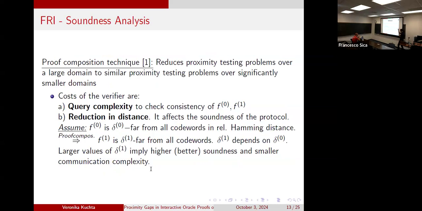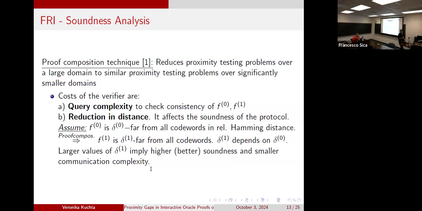After we have constructed a proof system, what we need is to prove its security properties, right? We need to prove that it is correct, or complete, and that it is sound. And here it's actually interesting where some coding theory comes into play.